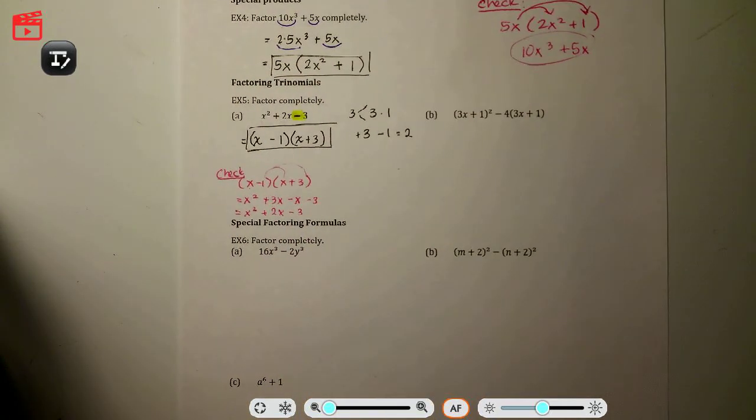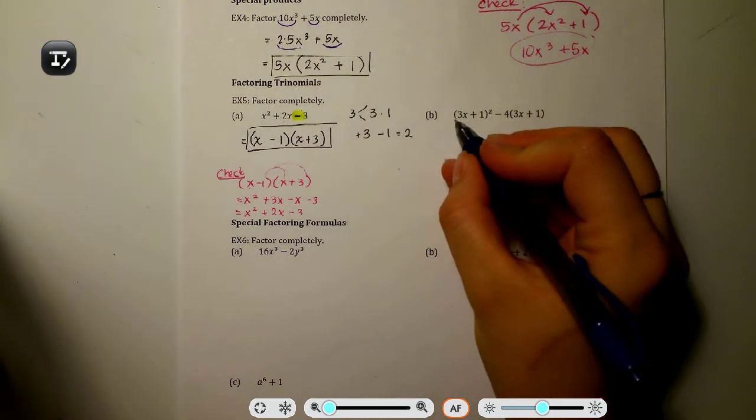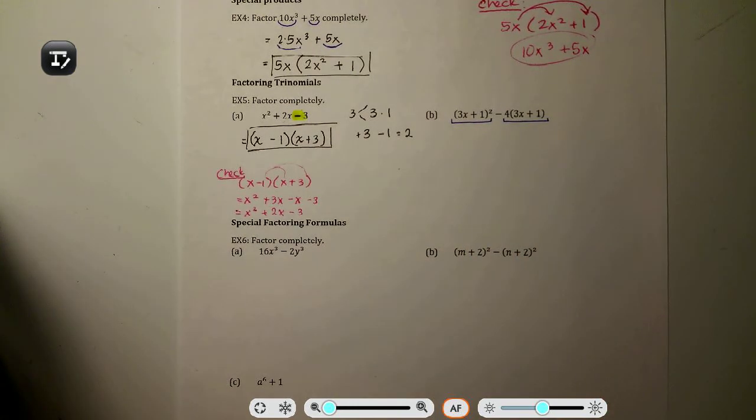Okay, so let's take a look at B. Okay, so let's look at our terms. We have two terms, 1 and 2. Do they share anything in common? They do.